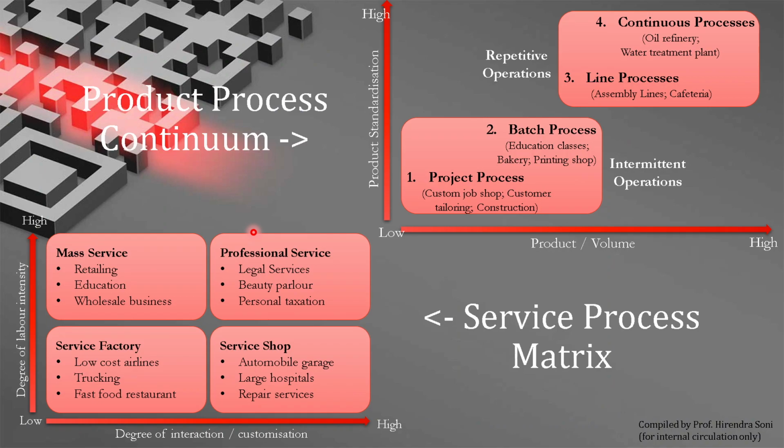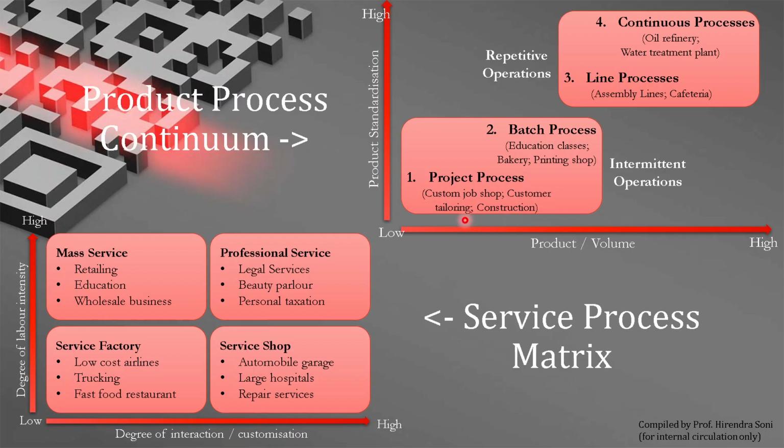When we look at the relationship between manufacturing of a product and delivery of a service, it is quite similar in nature. That's the reason we have put up both things here. When we look at product volumes, in case of a project process, the quantity of product or volumes are quite less.